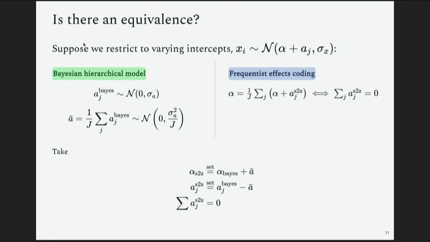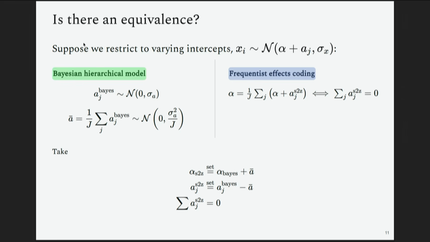All right, so if we just restrict to the varying intercept, and we look at this, how can we move between them? Is there a way to move between them? In the easiest way, let's start at the Bayes level, and let's just look down there, and we can see the sum to zero, so I'm going to use that subscript to denote what we're doing here.